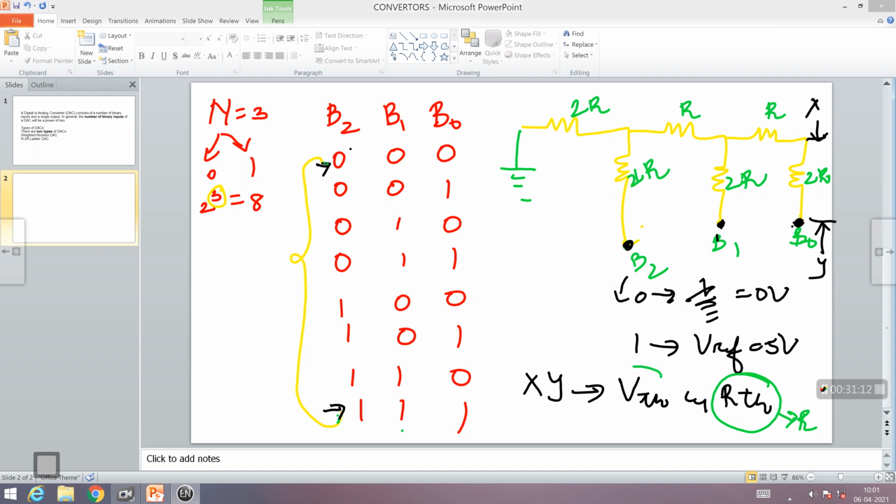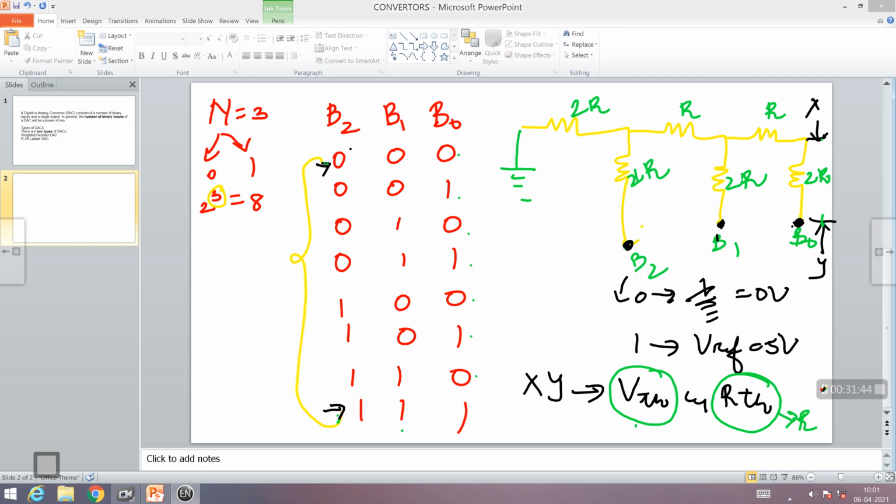Only what will change is VTH, the voltage experienced at X and Y because of this entire network over here. And why is this voltage changed? Because you are changing these 8 inputs that are given. And because of that, your effective voltage of this entire network experienced at points X and Y will also change.